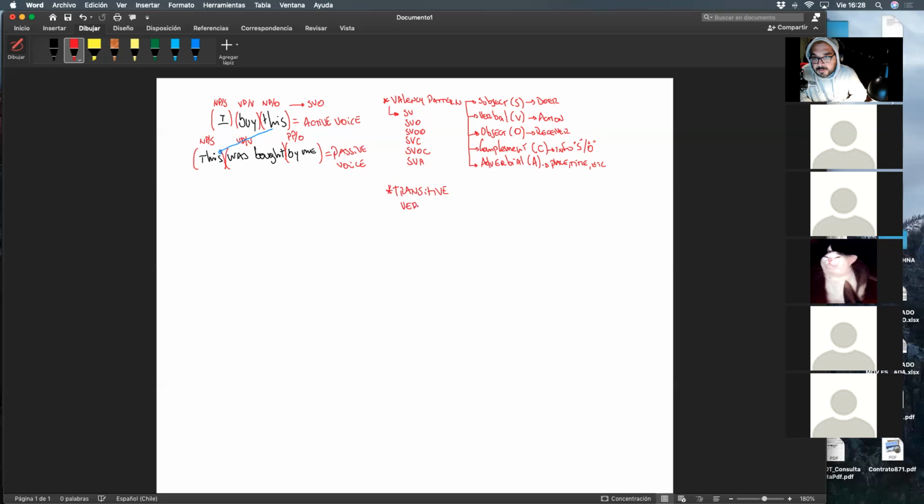Transitive verbs come from the concept of transitiveness, which means the capacity for a verb to have an object, right? The capacity for a verb to move the action towards a receiver, right?